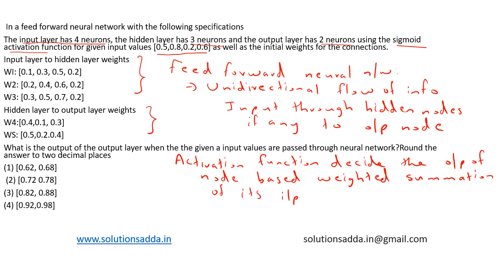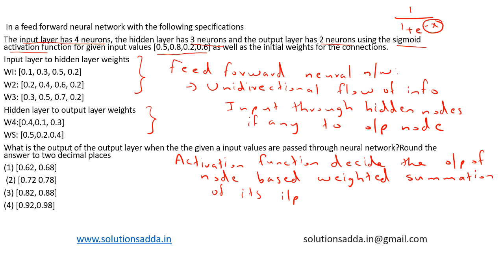And here the activation function is given as a sigmoid activation function. A sigmoid activation function is characterized by the formula 1 by 1 plus e raised to minus x, where x will be the weighted summation of the input value.